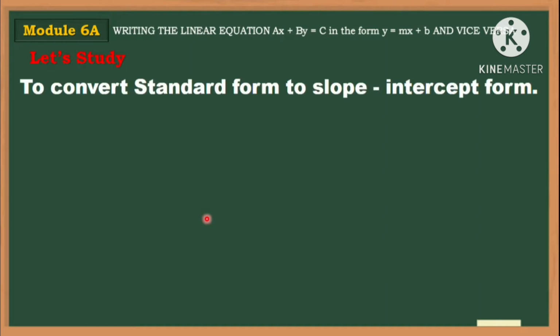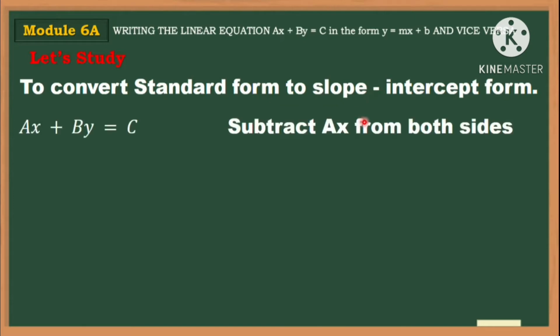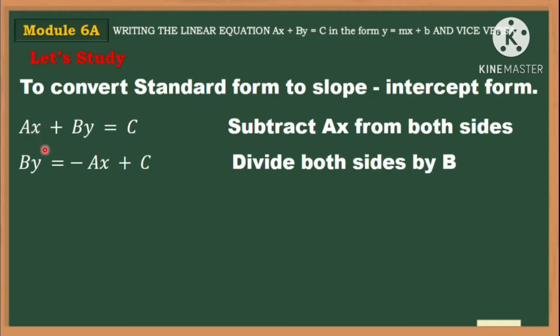So let's proceed. We're going to convert standard form to slope-intercept form. So we have here the standard form, ax plus by is equal to c. We're going to subtract ax on both sides. So ax minus ax is 0, and on the other side it is negative ax.